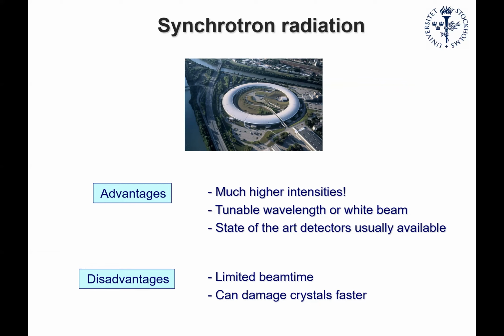Some beam lines have a fixed wavelength that they operate at, or on some beam lines you can change the wavelength to what you want it to be. You can also have monochromatic beams, and you can also have white beams. So with a white beam, you have a polychromatic beam. That means that your X-ray beam is not monochromatic, that it has a spectrum of different wavelengths being shot out at the same time.